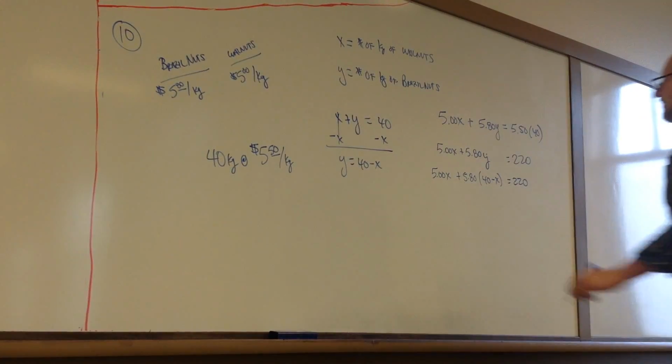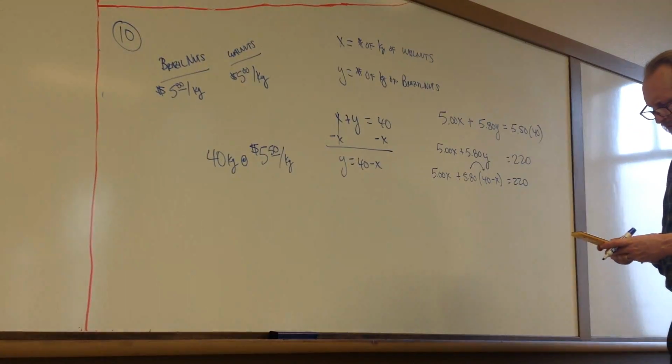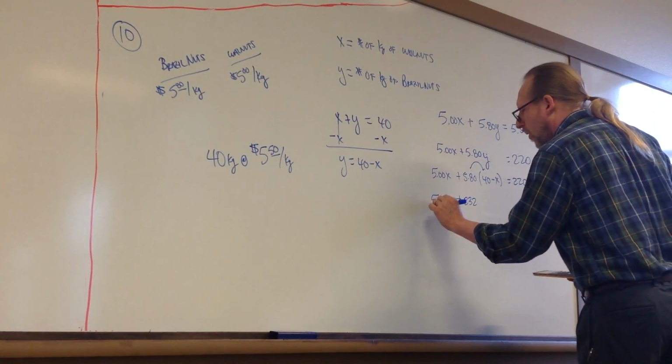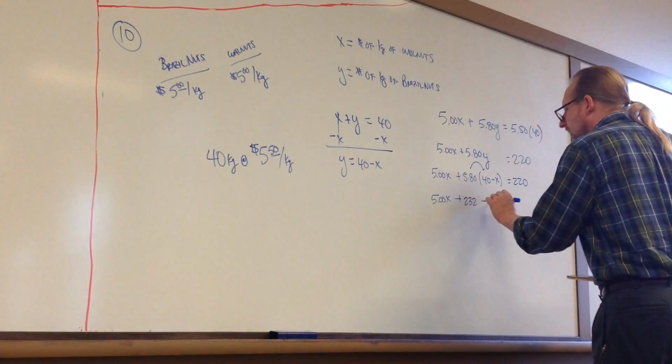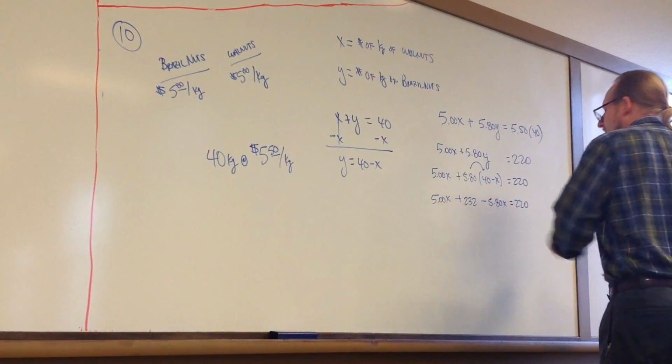And let's see, now we have to distribute 5.80 times 40, 232, and then minus 5.80X equals 220.